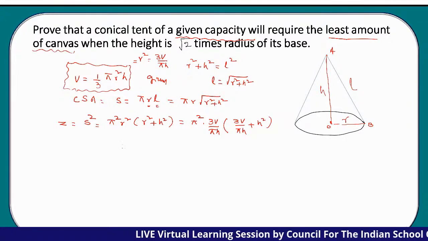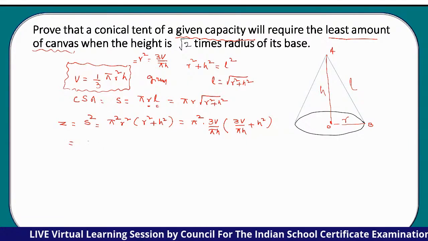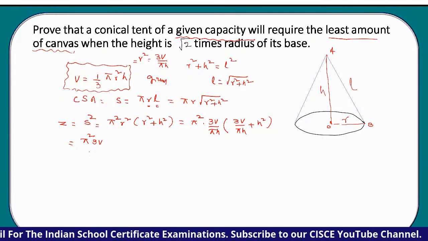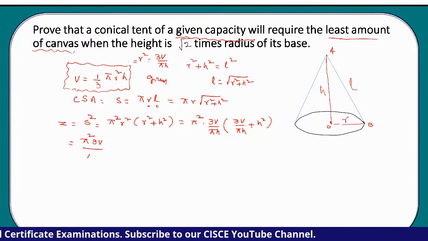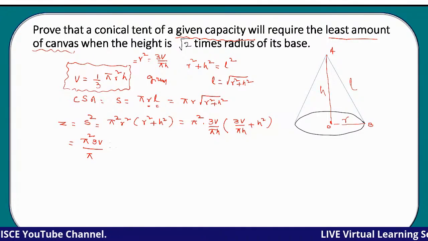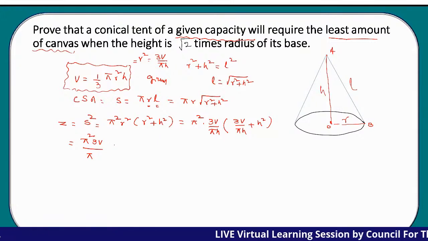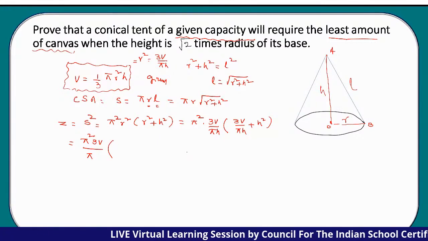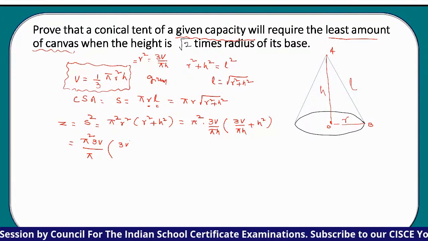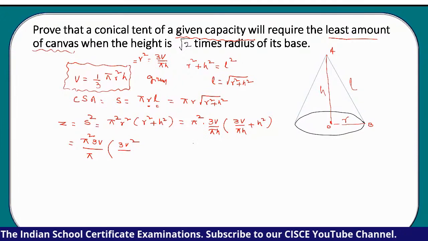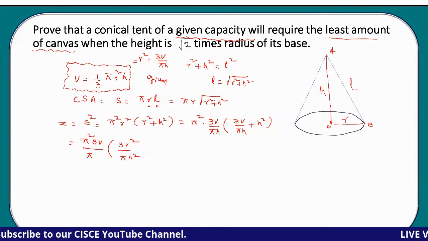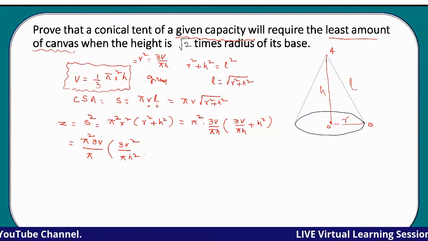So now simplify further. That is equal to pi square 3V by pi into 3V square by pi H square, that is 3V square by pi H square.